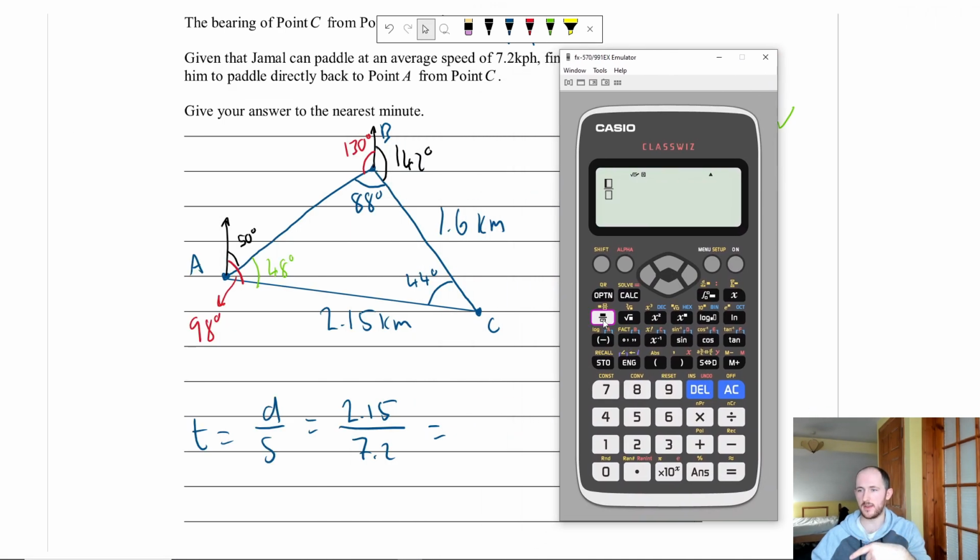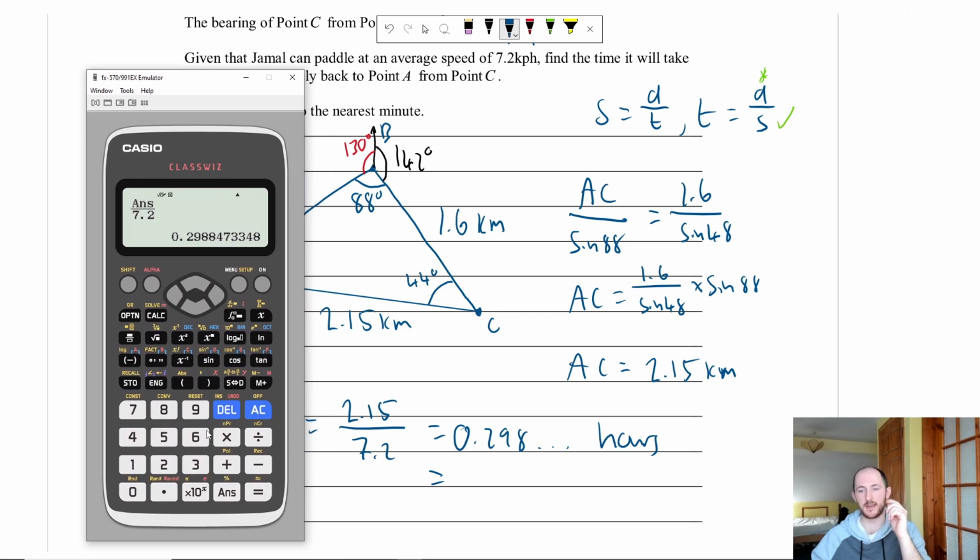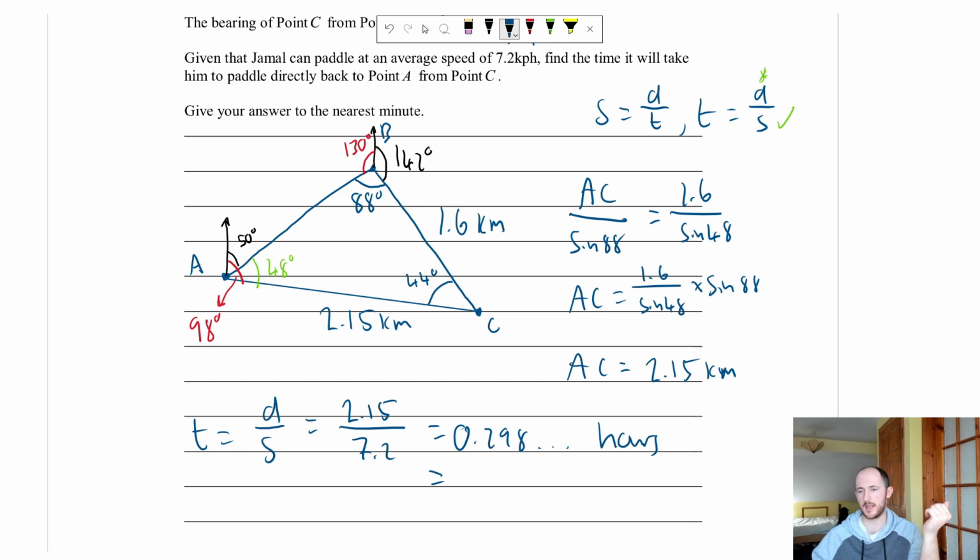So I'm going to take this value, answer, divide it by 7.2. That gives me the number of hours it takes. 0.298 hours. So then to get minutes, you just multiply by 60. And it says to the nearest minute, so I'm just going to round it: 18 minutes to get back. 18 minutes, and that's it.